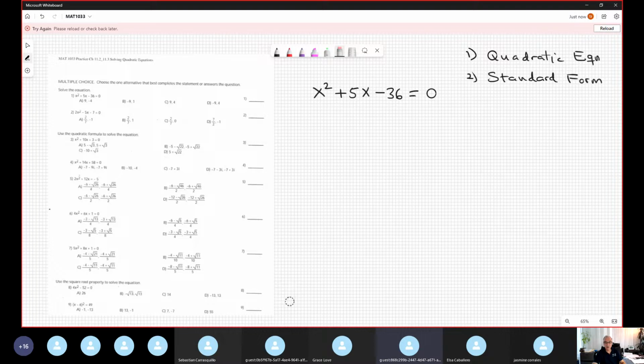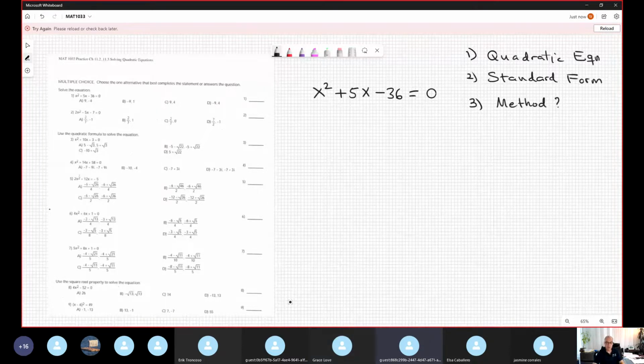So now, decision: what method do you apply for solving this? You have different possibilities. We studied 3, but the most important are factorization or the quadratic formula. Remember, the standard form is ax squared plus bx plus c equals 0.